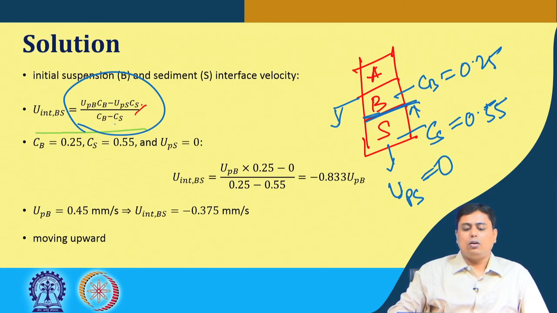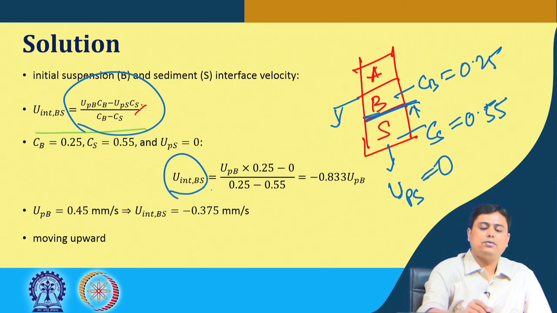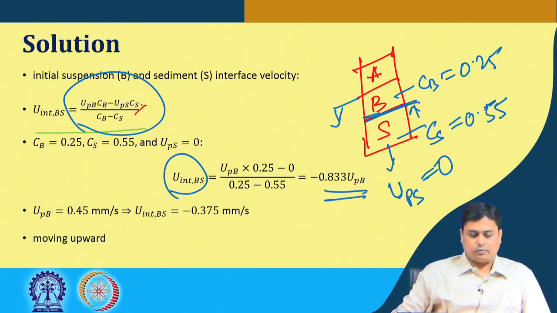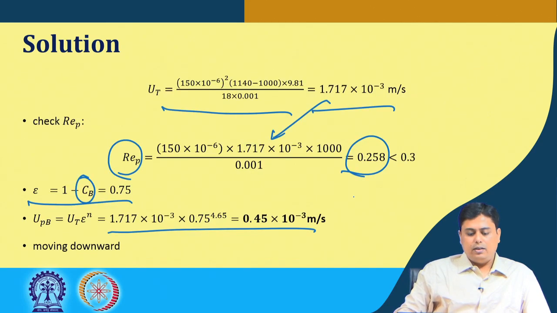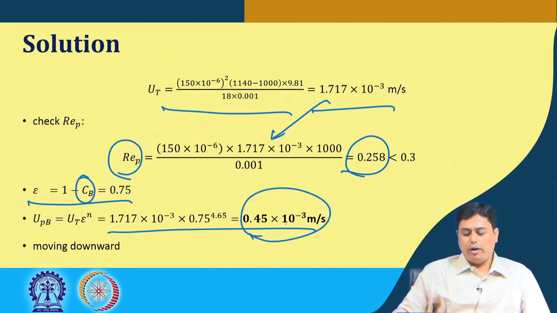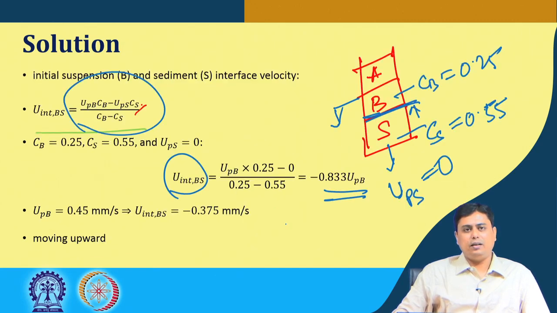We can find out what is the BS interface velocity in terms of UPB. And this UPB we just found out: 0.45 × 10^-3 meter per second, which is 0.45 millimeter per second.